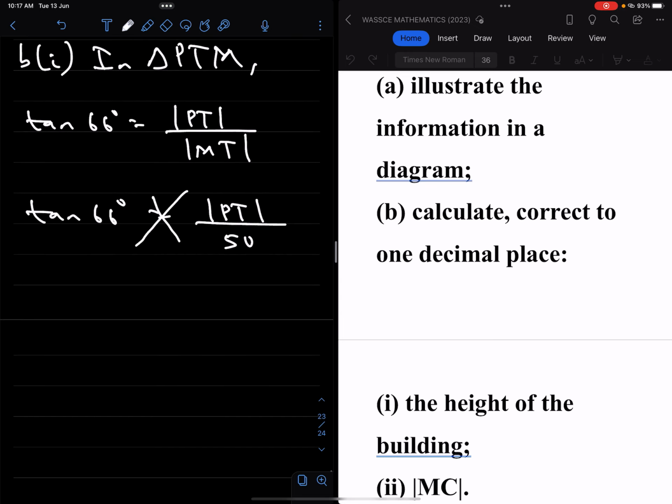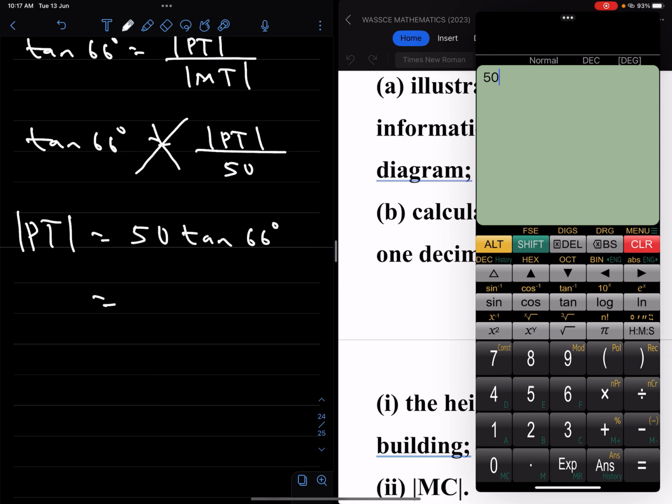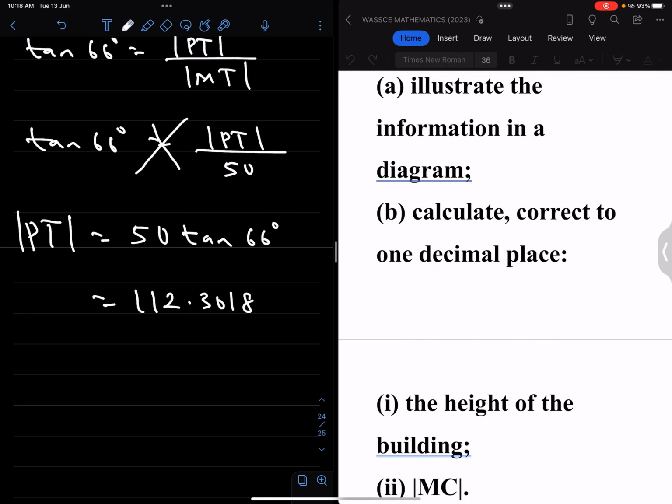Now if I cross multiply, PT will be equal to 50 tan 66 degrees, and that's equal to, let's check that, 50 tan 66, and that's 112.3018. Did they say we should approximate to any degree of accuracy? To one decimal place.